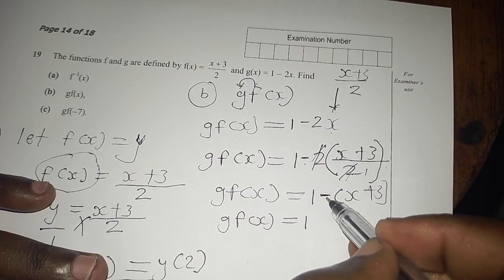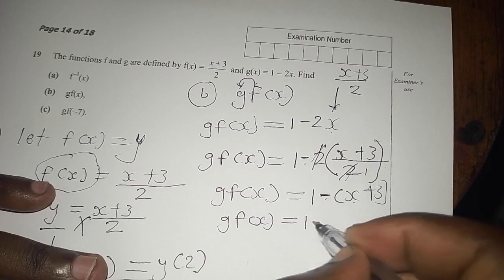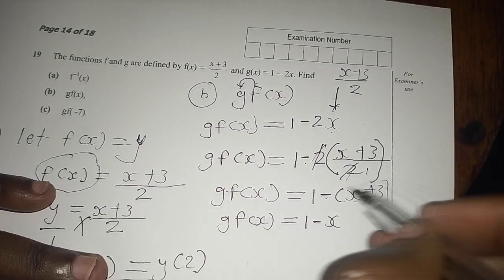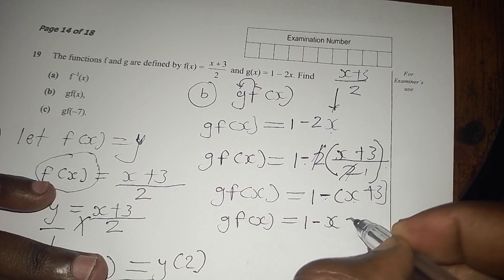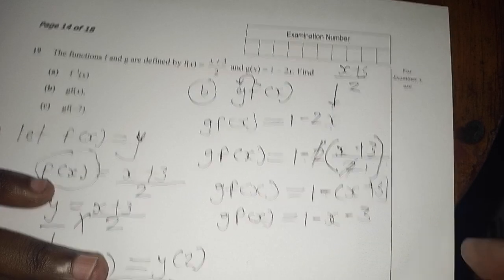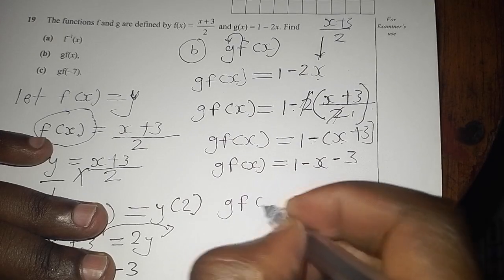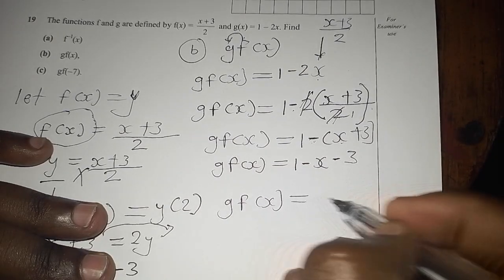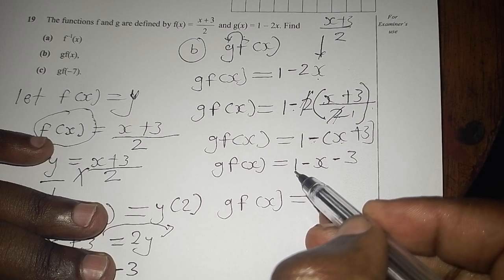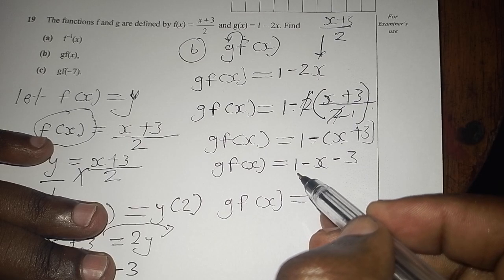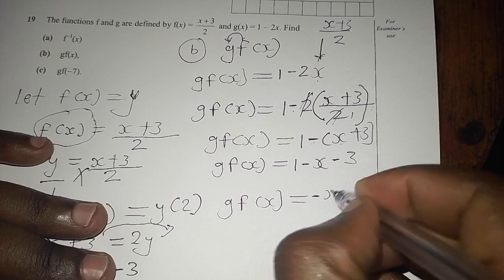Now, here, you say this negative times x, you get negative x. Again, the same negative times positive 3, you get negative 3. Now, from there, you say g f of x, you look for the terms that you can add. You see that? Here I have a what? I have 1. If I want, I can start with x, so I have negative x here.